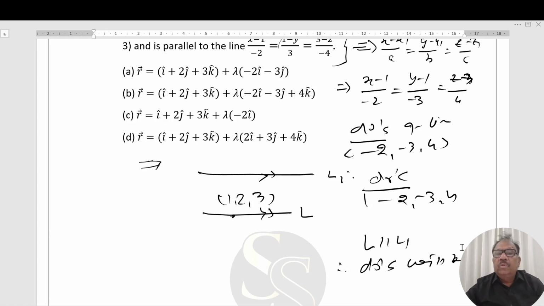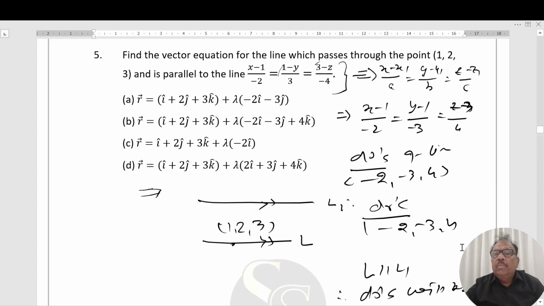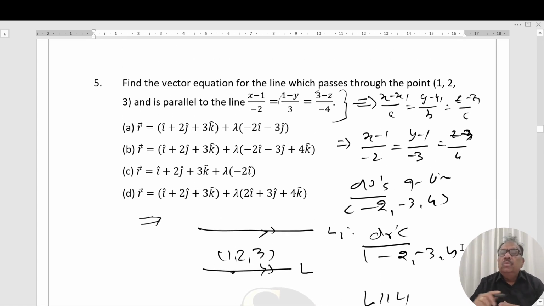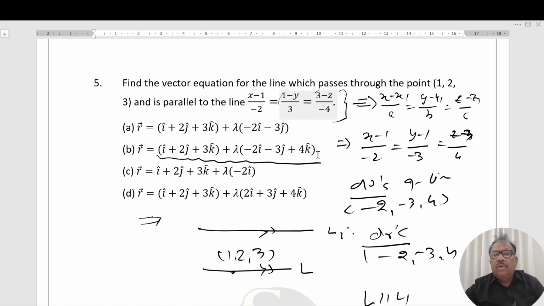The passing point is 1, 2, 3, plus lambda times minus 2, minus 3, 4. So B is the correct answer.